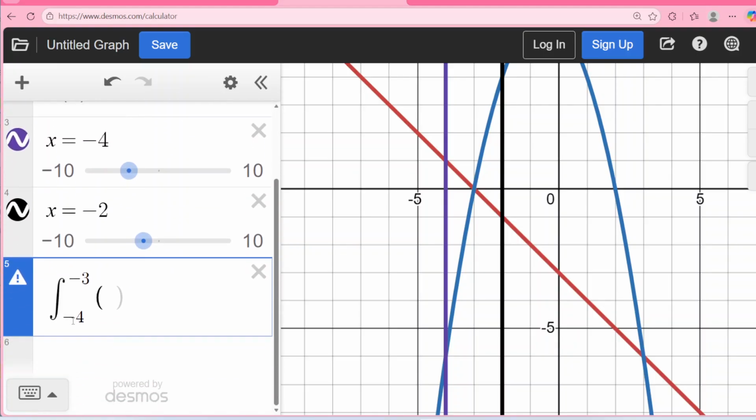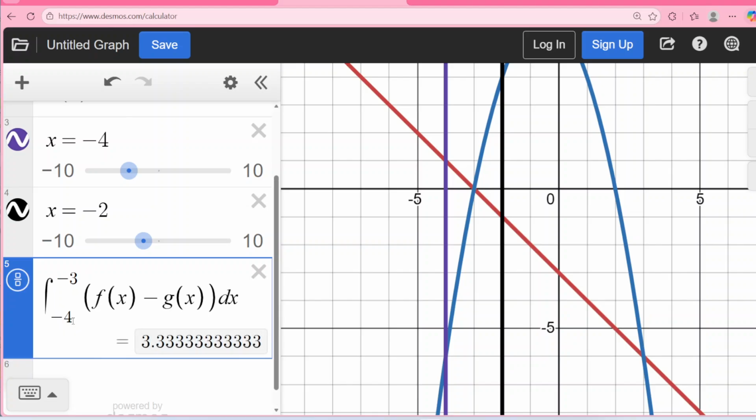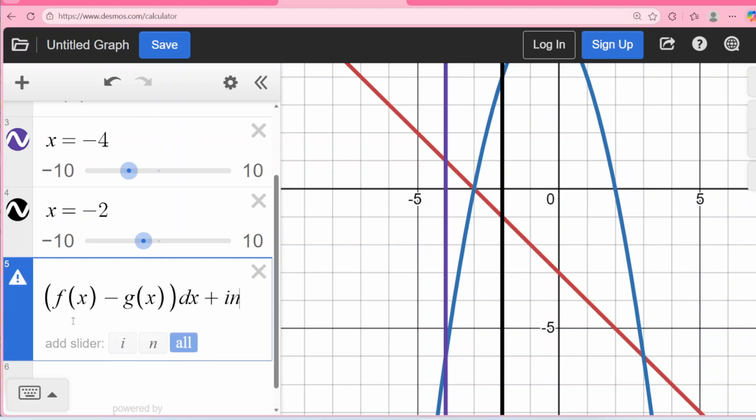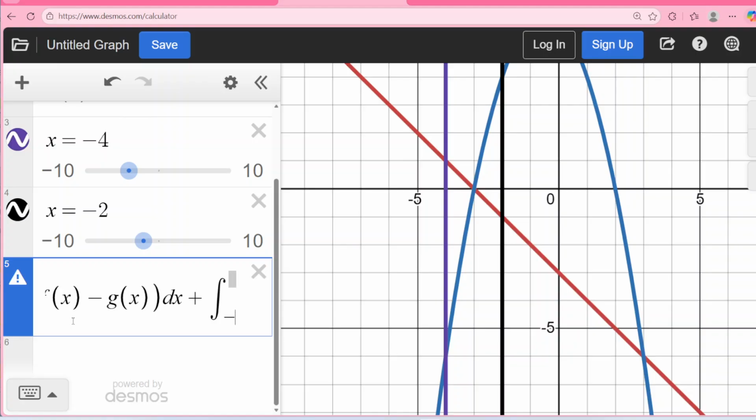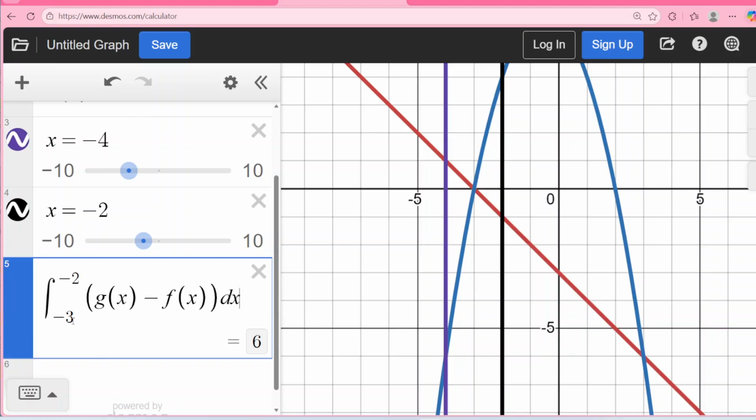So f minus g, and I already have f of x and g of x typed in. So I just do f of x minus g of x dx, and then add to that the integral from -3 to -2 of the other way around, right? G minus f. So this is a 6.